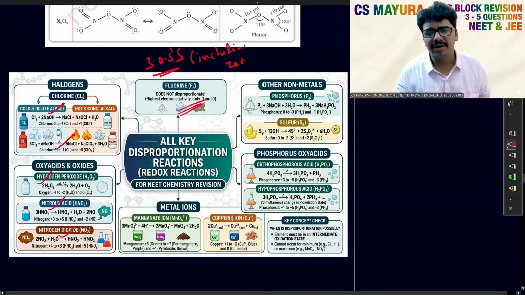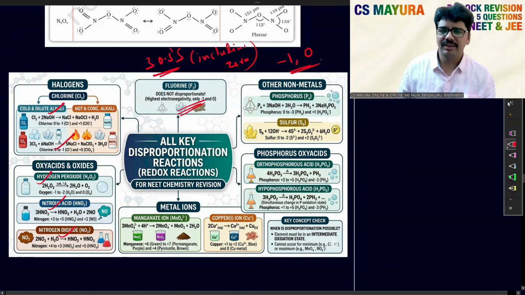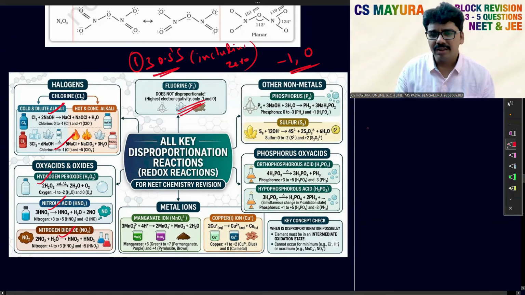See, for disproportionation, a minimum of 3 oxidation states are required, including 0. Zero is common for everyone. Fluorine has only 2 oxidation states, -1 and 0, no other oxidation state. So fluorine does not disproportionate. And another point: in those 3 oxidation states, the element should be at an intermediate oxidation state.